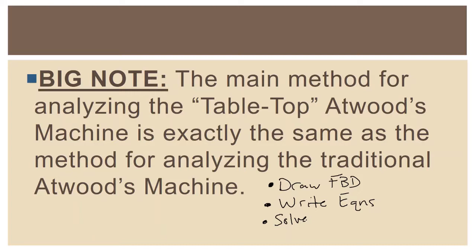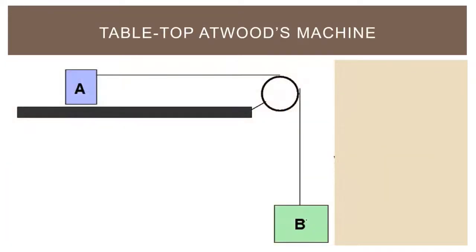Okay, so the tabletop Atwood's machine problem, first of all, the tabletop Atwood's machine is not like an official name for it. It's just what I call it to differentiate it from the regular Atwood's machine. It looks like this. And so in a tabletop Atwood's machine problem, we have an object sitting on a tabletop, hence the name, attached to a rope.